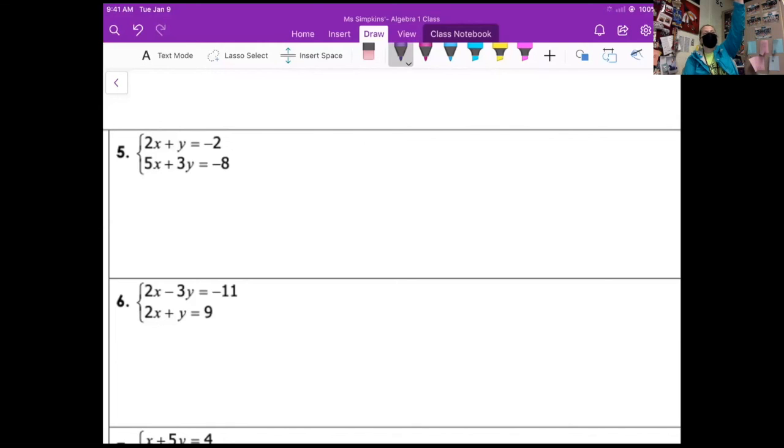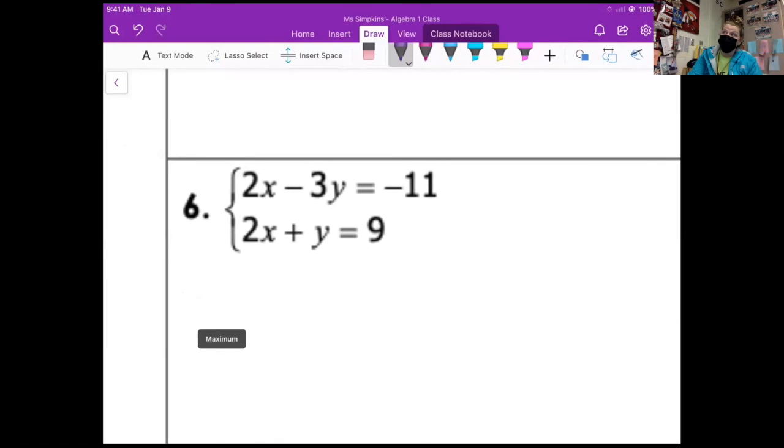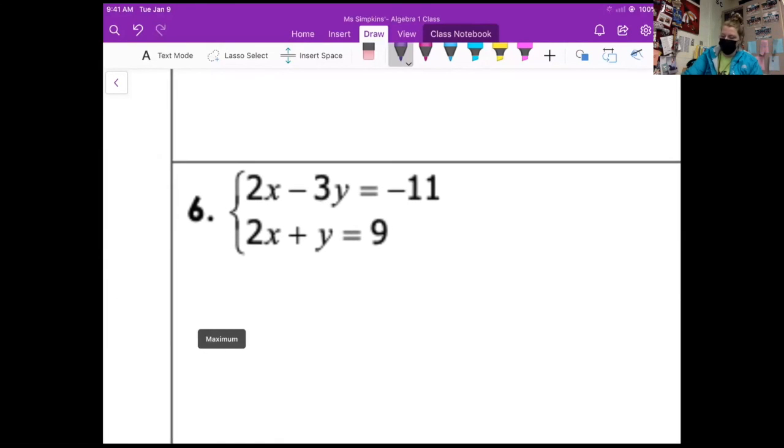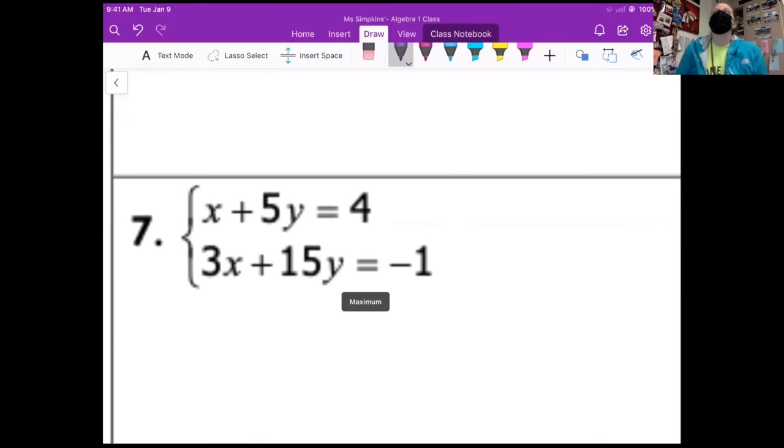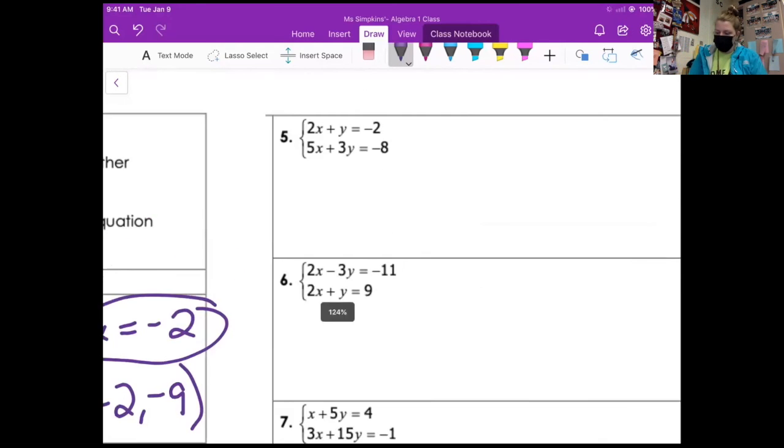Everybody look at that top y. It has a coefficient of 1. But that's not going to change anything. So you want to find the variable that has a coefficient of 1, and that's the one you want to get by itself. So if we were talking about number 6, the y, bottom one. And number 7, top x. So we're looking for the one that has a coefficient by itself.